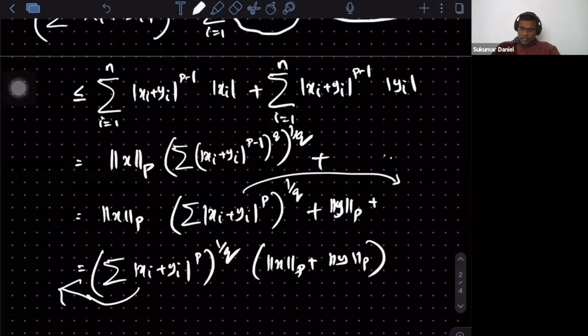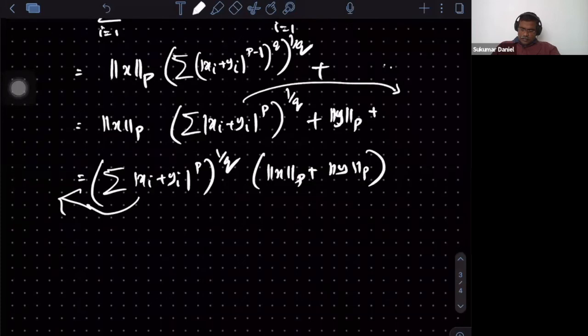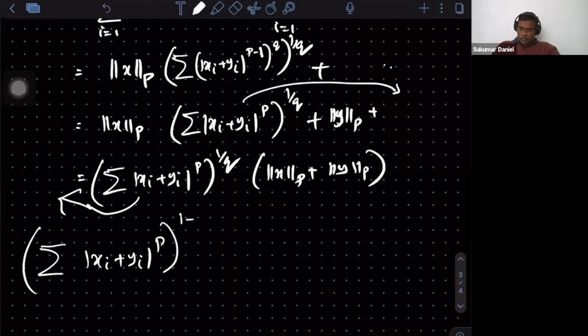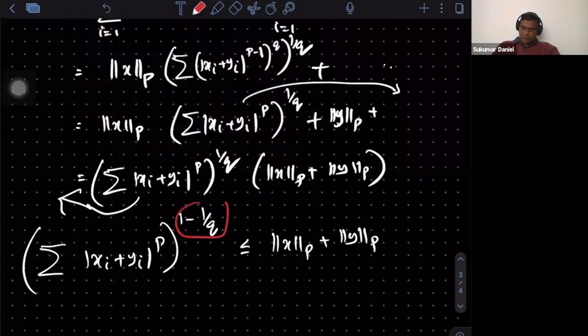And so what you end up with is this power p whole power 1 minus 1 by q, which is less than or equal to, but 1 minus 1 by q I can replace and write it as 1 by p, and that's nothing but norm of x plus y power p.